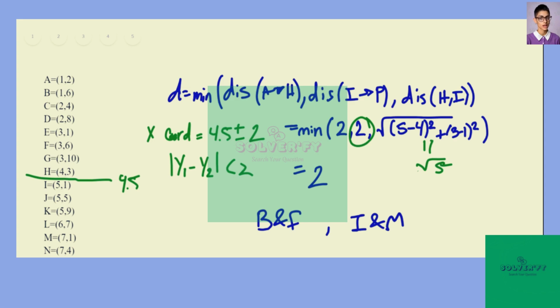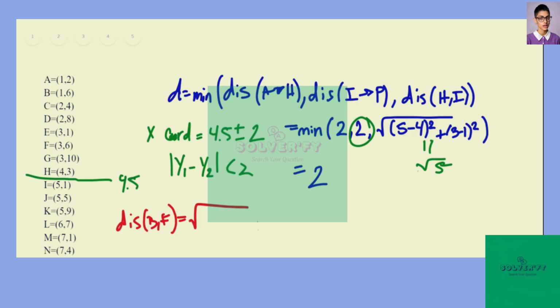So if you wanted to quickly say the distance of B and F is going to be equal to the square root of 3 minus 1 squared plus 6 minus 6 squared is equal to 2. 6's cancel out.